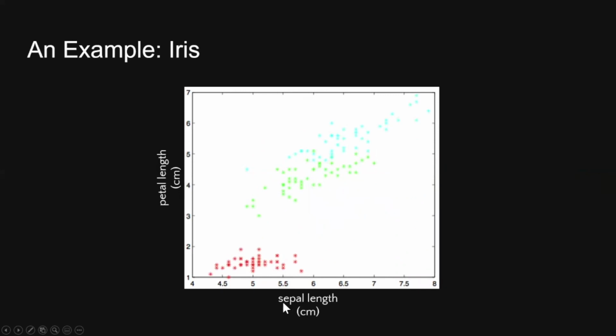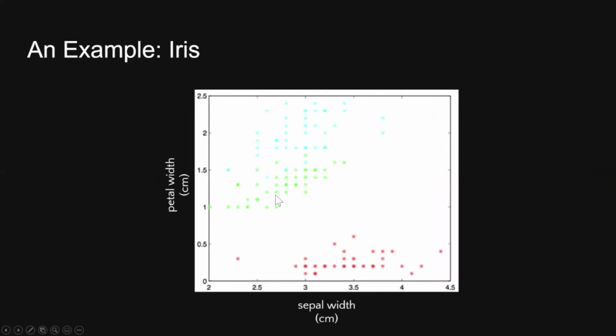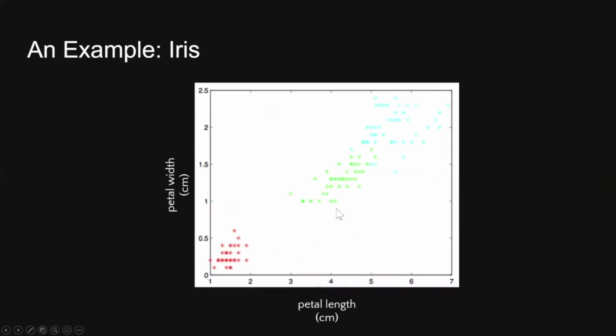Again, here we have another scatter plot showing petal length versus sepal length, and then you can see that the red, green, blue are quite nicely separated already. And similar thing in different visualization, different parameters. You can see that they're quite well distinguished from each other.